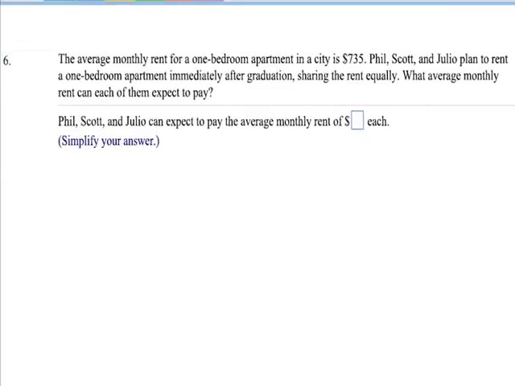All right, this is number 6. The average monthly rent for a one-bedroom apartment in a city is $735. Phil, Scott, and Julio plan to rent a one-bedroom apartment immediately after graduation, sharing the rent equally. I hope it's a big bedroom if all 3 of them are going to share. What's the average monthly rent each of them can expect to pay?